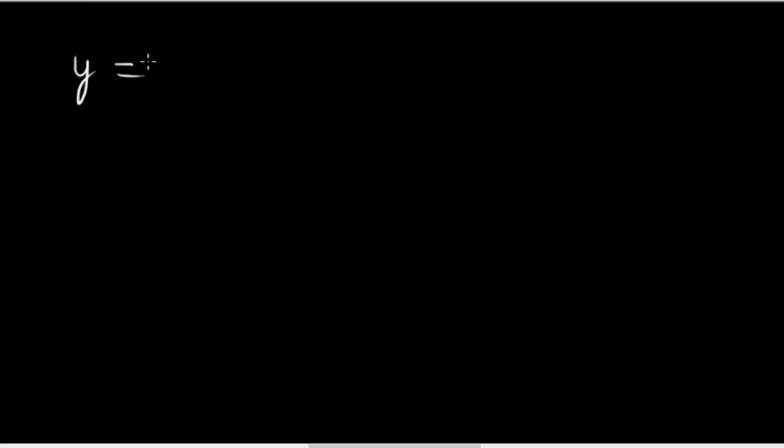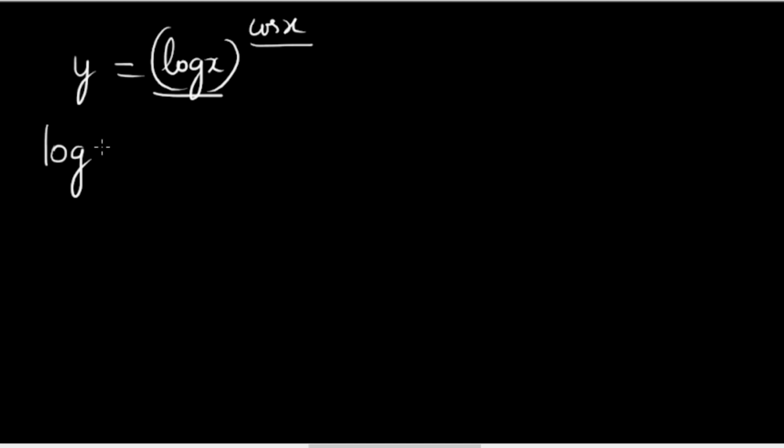Here this question: log x raised to the power of cos x. So the base is a log function, and the power is a trigonometric function. If we are getting a power function, we need to go for the logarithmic differentiation method. First step is we need to take log on both sides.